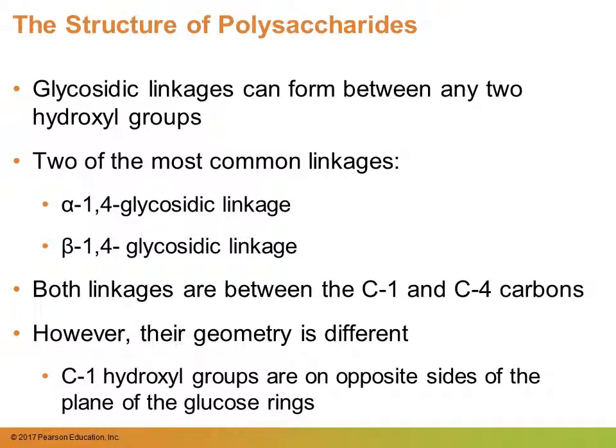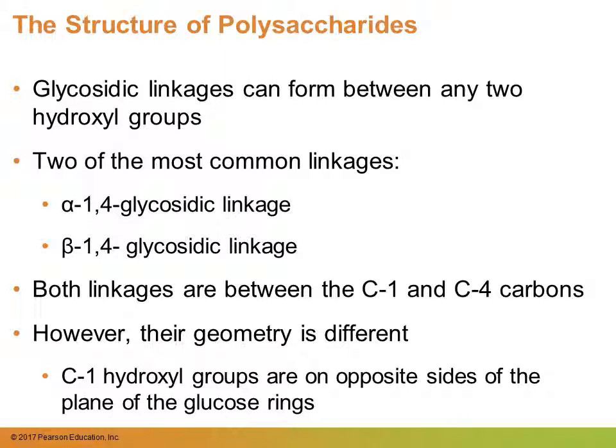So there are two types of glycosidic linkages, and these are the alpha 1,4 glycosidic linkage or the beta 1,4 glycosidic linkage. At first, when you look at these linkages, it looks sort of like a daunting task to know the difference between the two and what they really mean. But once we look at a figure, you're going to see, oh, this is very easy to understand.